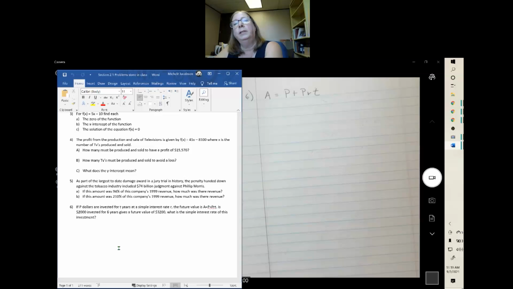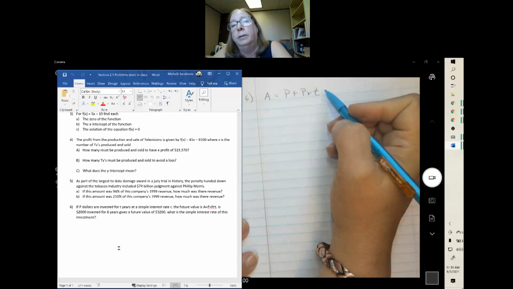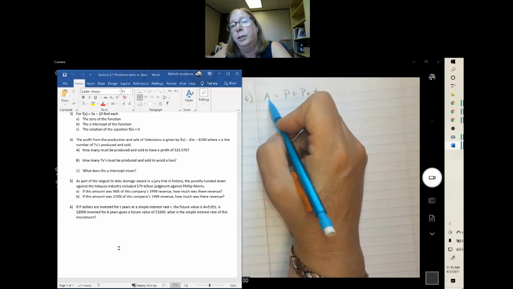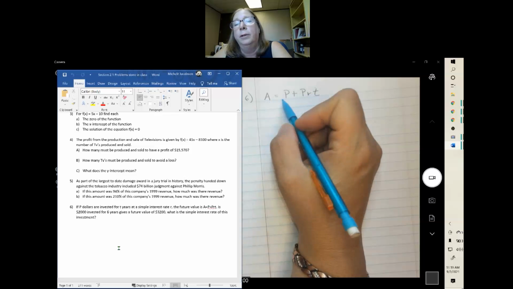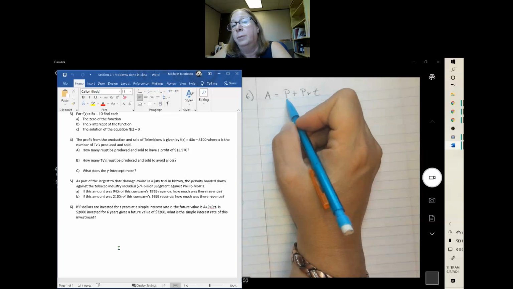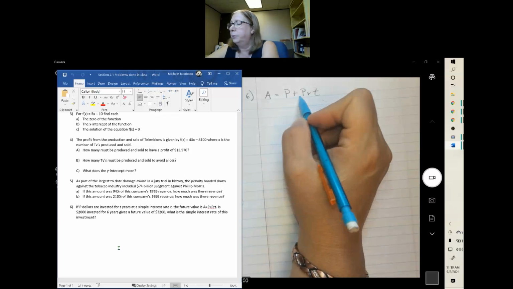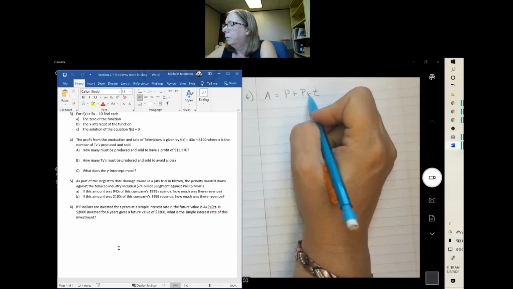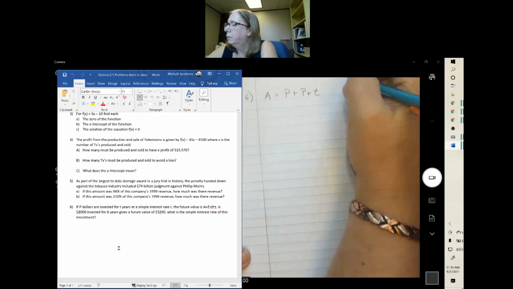You'll understand more about the equations in later chapters. But this equation is a simple interest. A is the amount at the end, or future value. P is called principal, or starting amount. R is the rate as a decimal, and T is time in years.